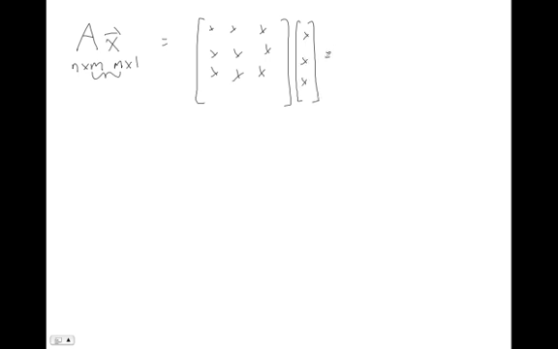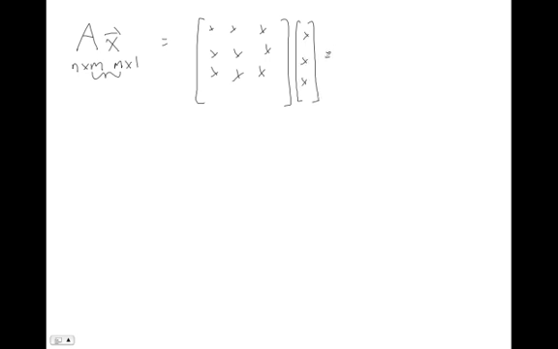And then I multiply this by this vector x, and let's not break x up any further. Then the resulting vector I get, I can think of this as A1 times x in that space, A2 times x in that space, all the way down to An times x. Does this make sense to us?